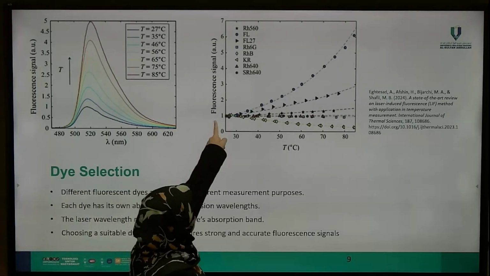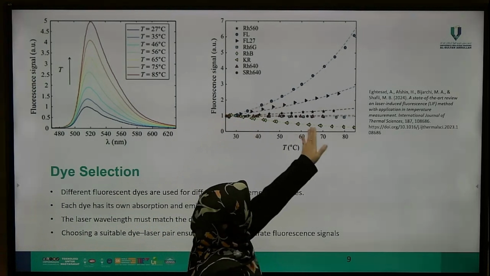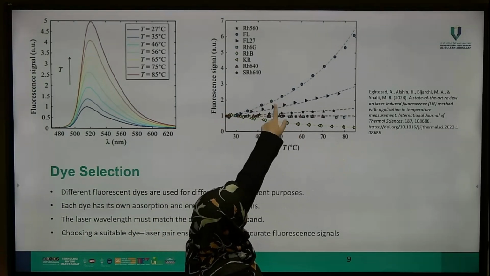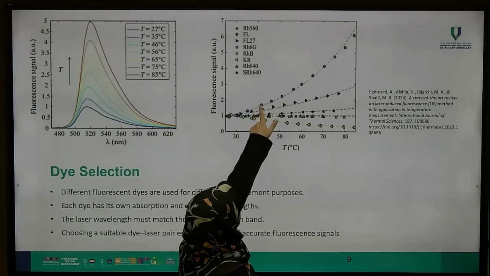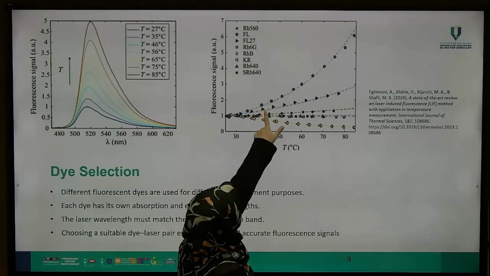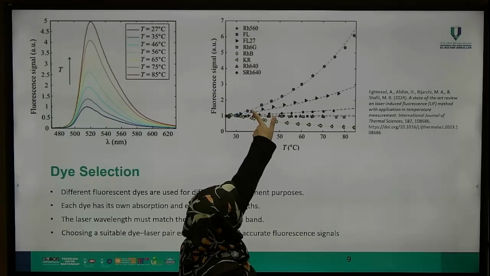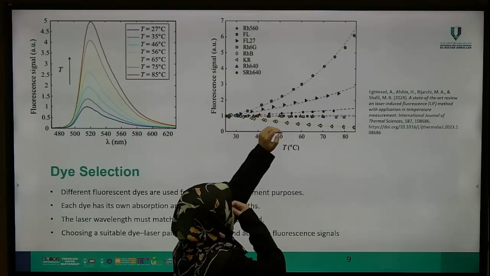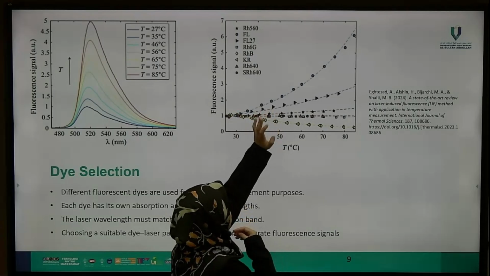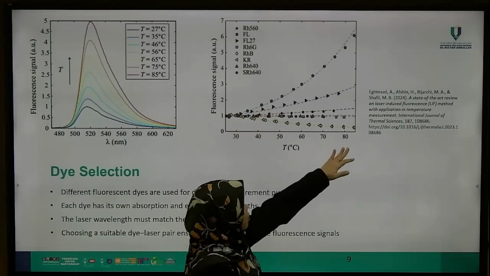Okay, so increasing trend with the increasing temperature. For example, for fluorescein and fluorescein 27, it will give you a trend of increasing signal or intensity of the fluorescent light with increasing temperature.